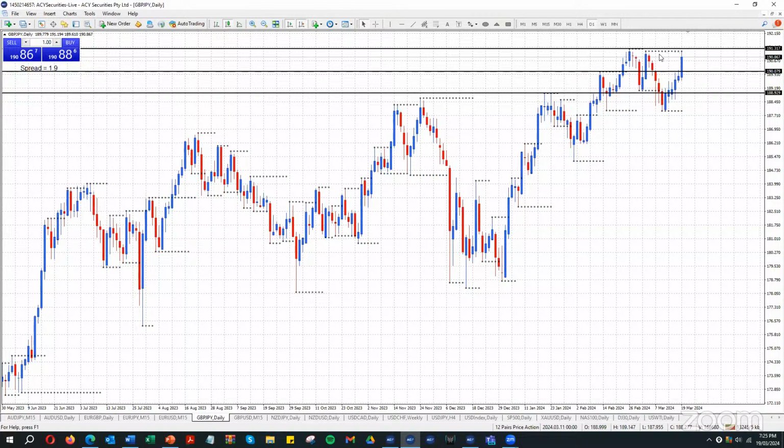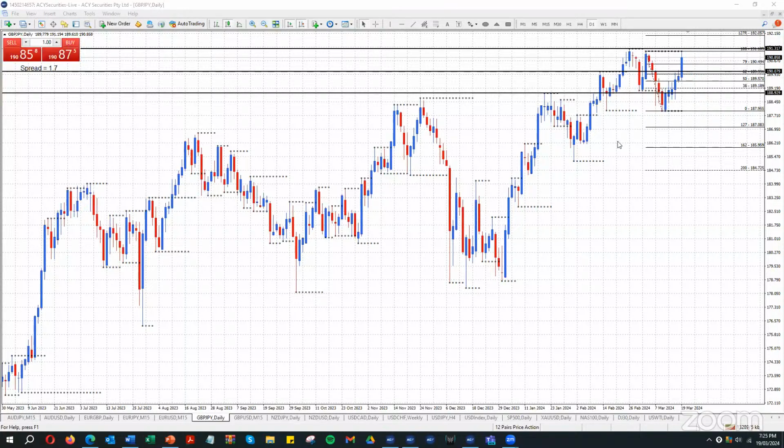So if we can't take these highs out over the next 24 hours, I would anticipate we may well start to move back down. And a good key to watch for would be if we start to get back below the 79% level, 190.49. That would be suggestive that we're holding here, start to trade below 190.49, we could be moving back down this way.